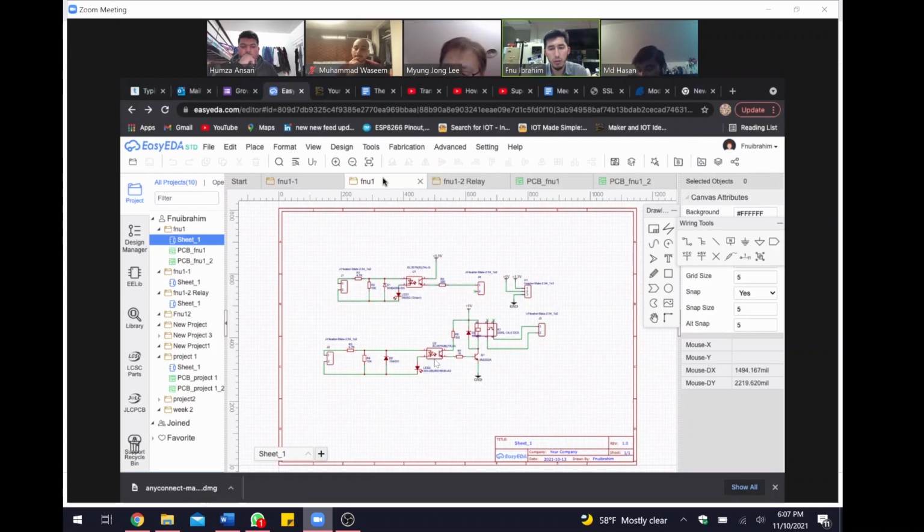We're going to be designing our own PCB board, and then we could send it out. They print it out and send it back to us. Then the soldering part we have to do manually.